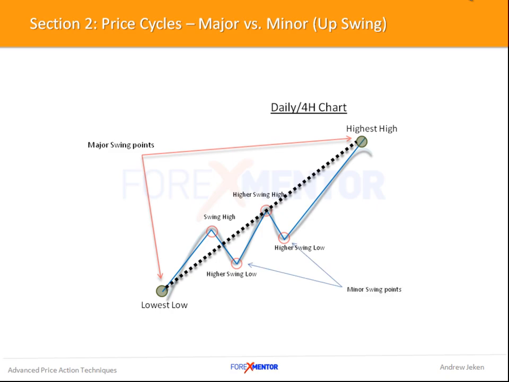These are our minor swing points on the bottom, and these are our minor swing points on the top. So just to recap, we have our major swing points from the very low to the very high in an up move, and our minor swing points, the lowest lows and the intermediate highs for our minor swing points on the upside.